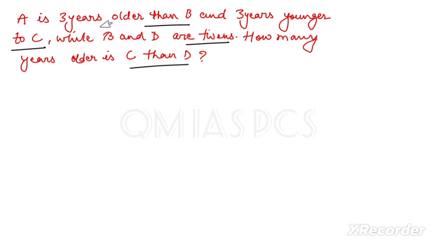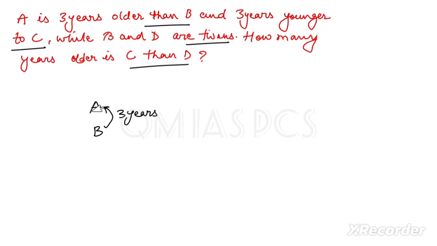So A is 3 years older than B. Here I think you can compare the things. So we can write A in this place and B here, and the gap is 3 years.